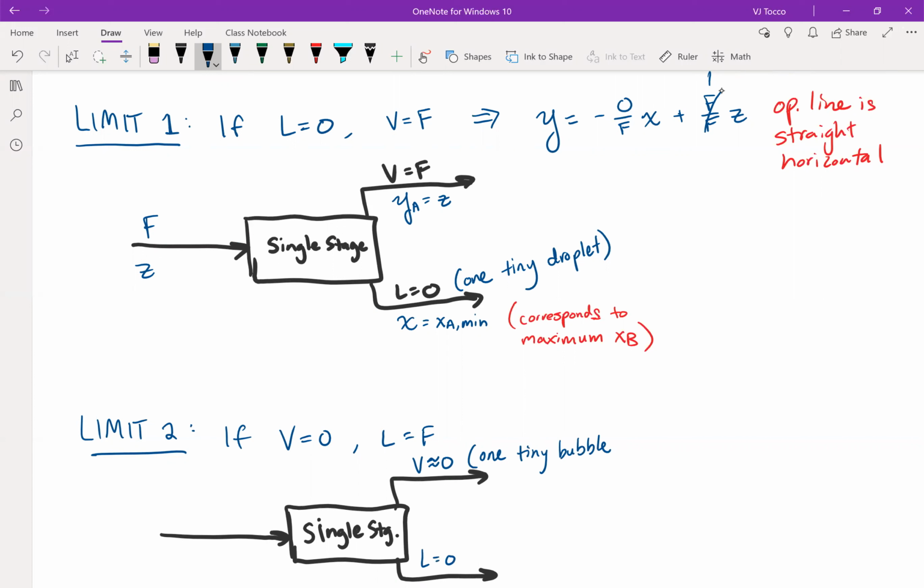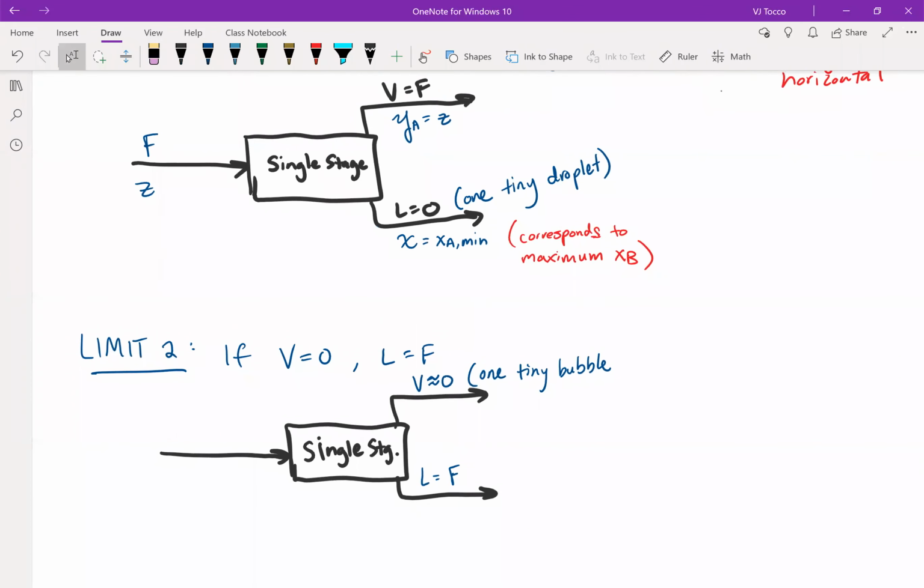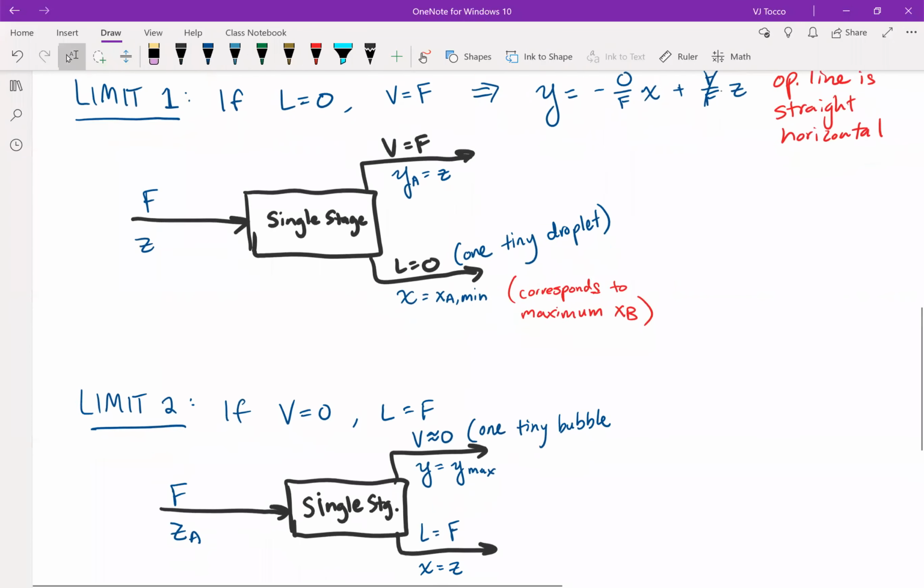And L is equal to F here. By looking at how the lines are drawn, that can inform us as to what the composition of Y must be. So here, X is going to be equal to Z, and I have an F and a Z that remain. Y is going to be Y max. Let's look at what the equation for the operating line is.